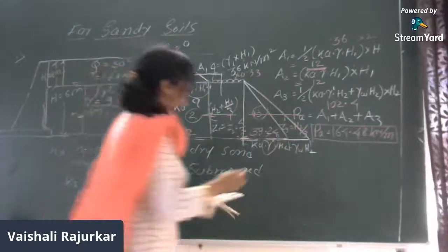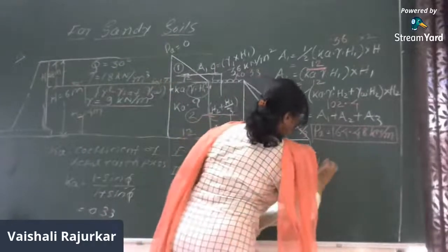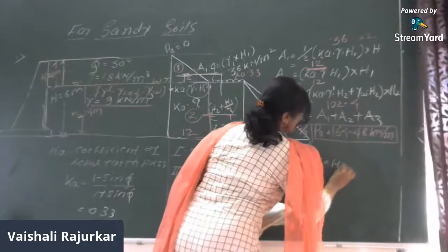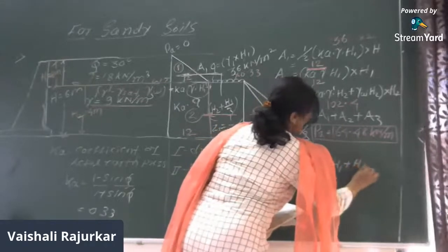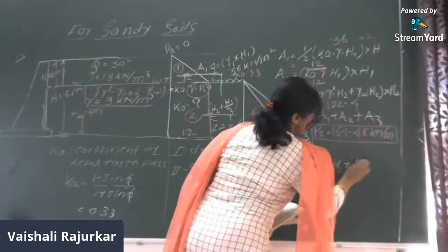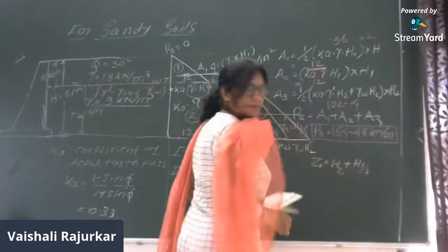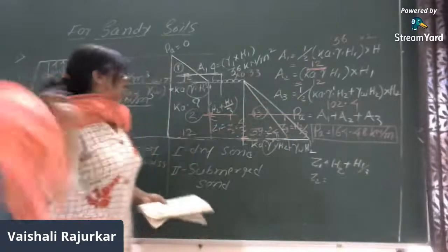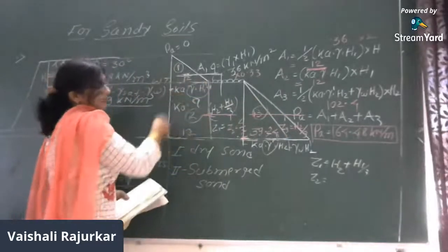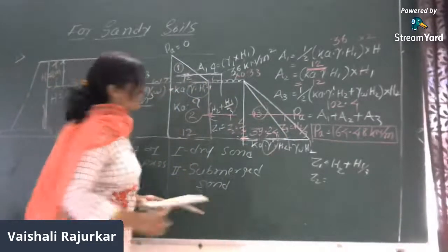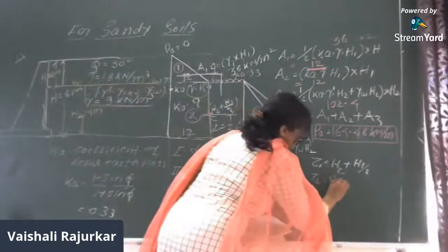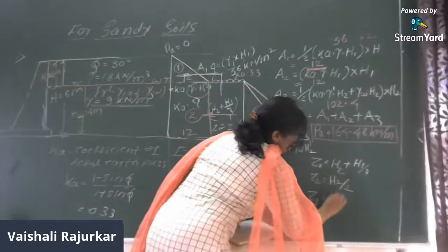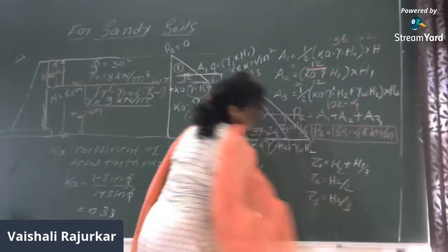So Z1 is equal to H2 plus H1 by 3. Then Z2 is, as it is the CG of the rectangle. This is the rectangular diagram where the CG of the rectangle will be at H2 by 2. And third, Z3 is equal to H2 by 3.